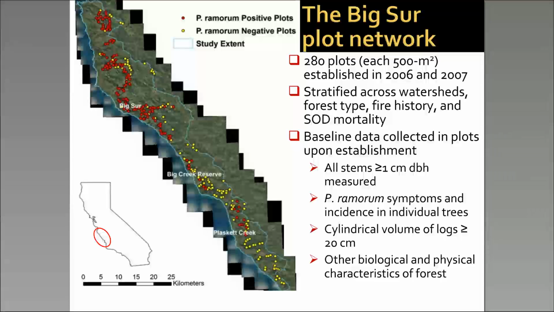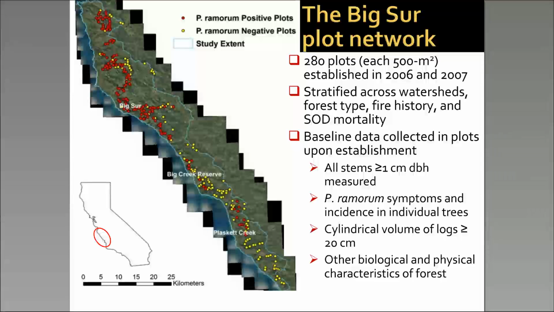In the Big Sur area, redwood tan oak forests tend to be down in riparian zones and in deep valleys or closer to the ocean, whereas the mixed evergreen forests tend to be up more on slopes and a little higher and drier than the redwood tan oak forest. But both of these habitat types harbor the pathogen and have seen very high levels of mortality in some areas.